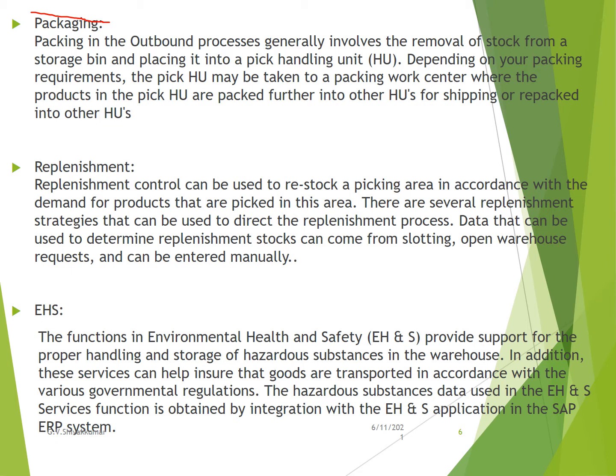So packing in the outbound process generally involves removal of stock from a storage bin and placing the stock into a pick handling unit. Depending on your packing requirements, the pick HU may be taken to a packing work center where the products in the pick HUs are packed further into other HUs for shipping or repacked into other HUs.